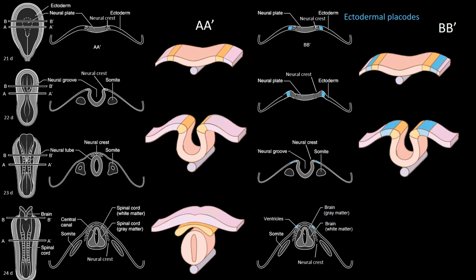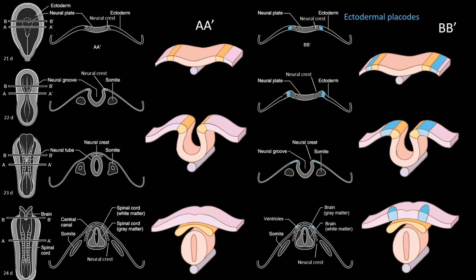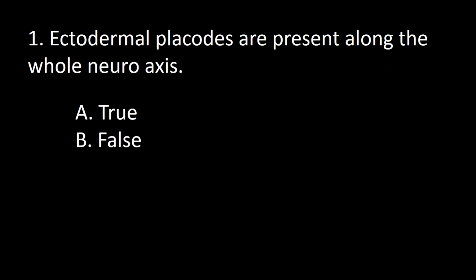The new figure introduced here corresponds to a 23-day-old embryo, and here at 24 days, notice that unlike the representation of the neural crest that has detached from the ectoderm and the neural tube, the ectodermal placodes remain embedded in the ectoderm. So the answer to this question is B.